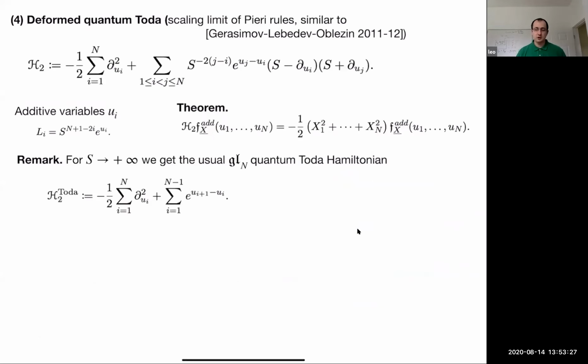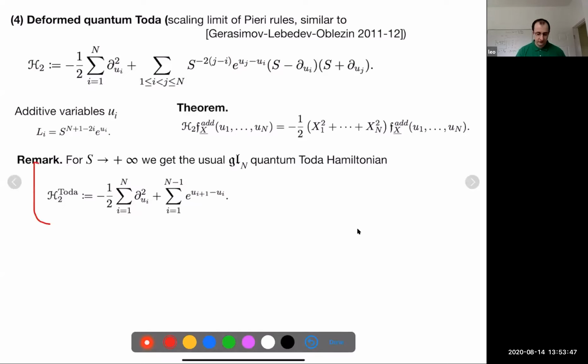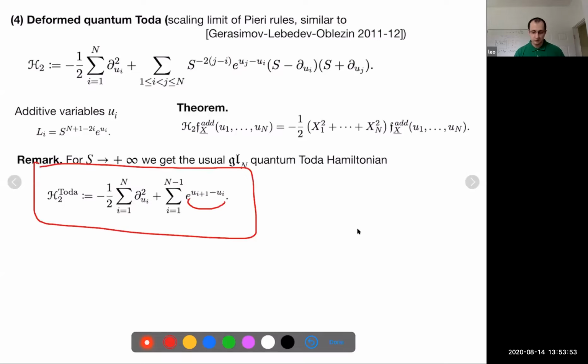Also, it's known that Whittaker functions, actually for arbitrary Lie type, but especially in the GL_N situation, are eigenfunctions of the quantum Toda Hamiltonian, which is a second order differential operator. And here's the usual Toda operator, and here you have these exponents of u_{i+1} minus u_i, which are just positive roots.